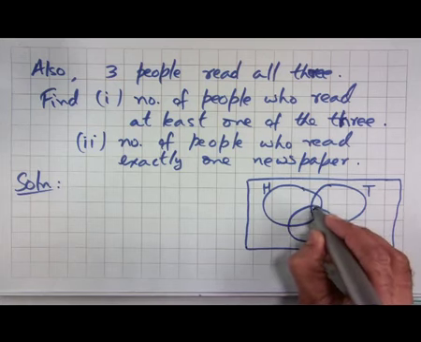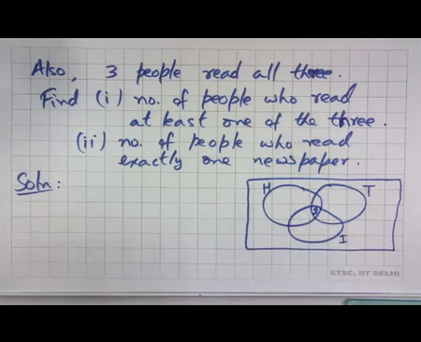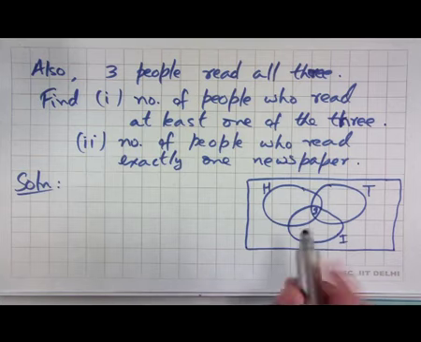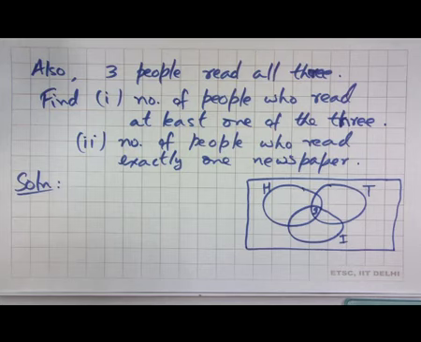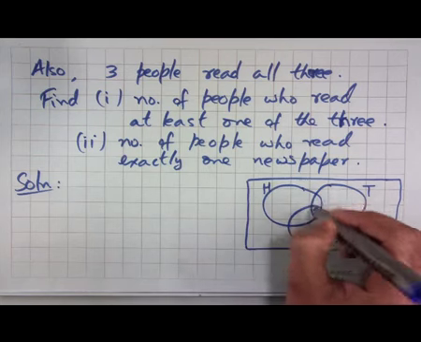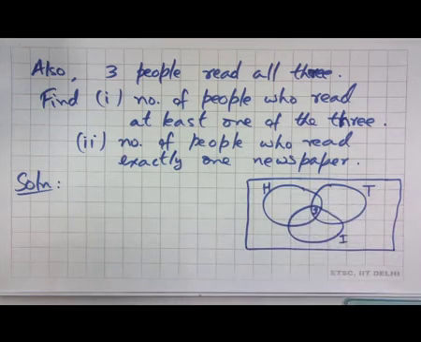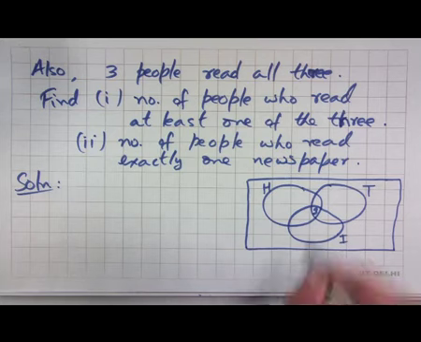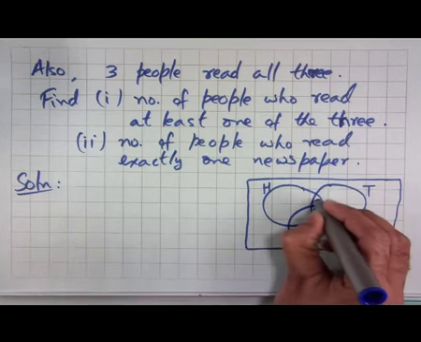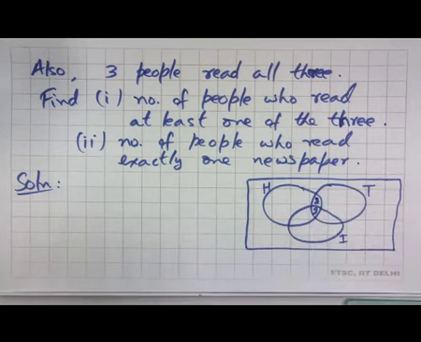There are 3 people who read all 3 newspapers. Then we know that 11 people read H and T. So, the number of elements in the intersection of H and T, that is 11. So, the number of elements in this part must be 8, because 8 plus 3 is 11. Let me use another pen.